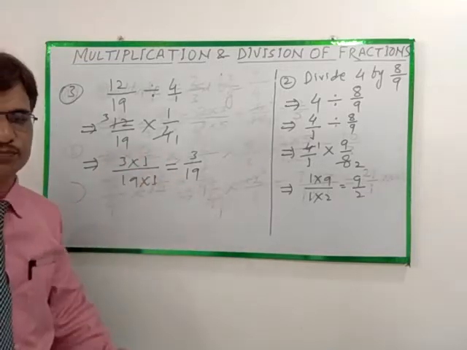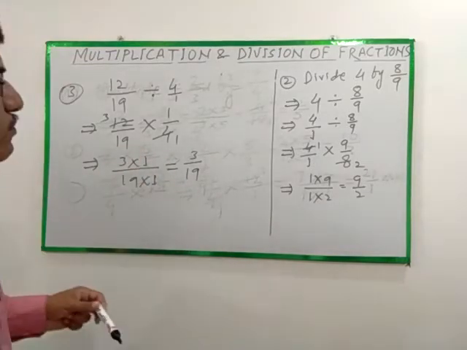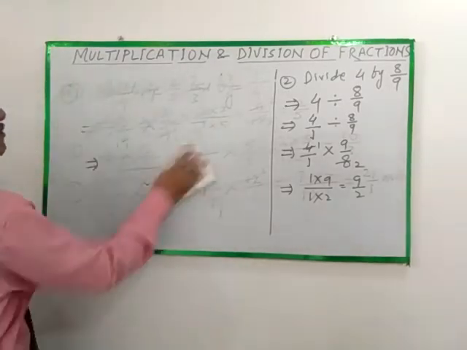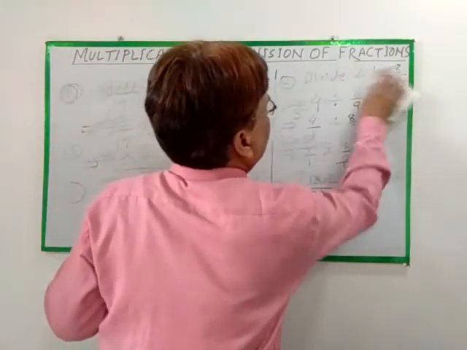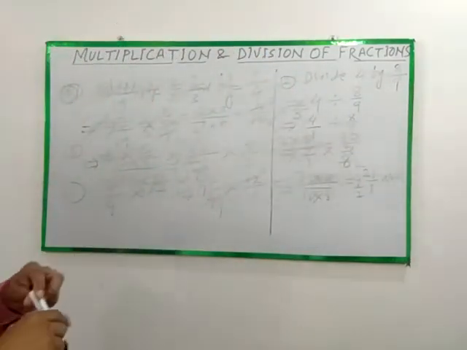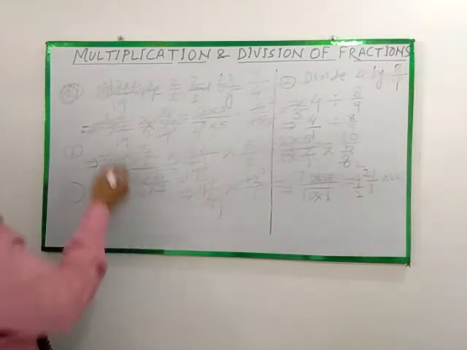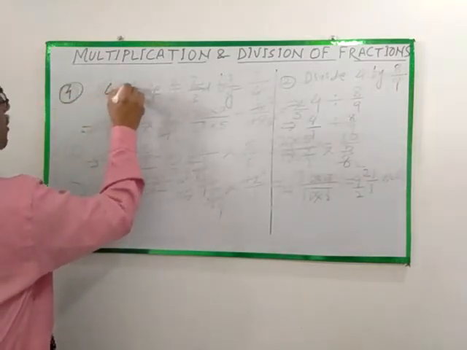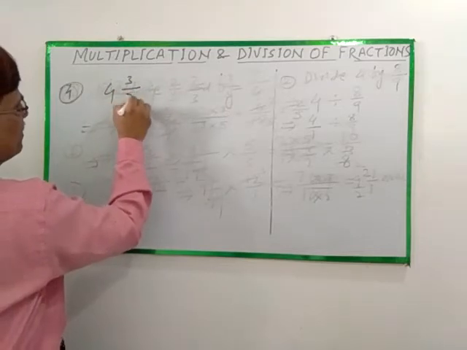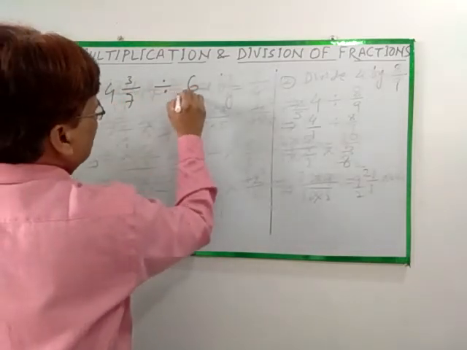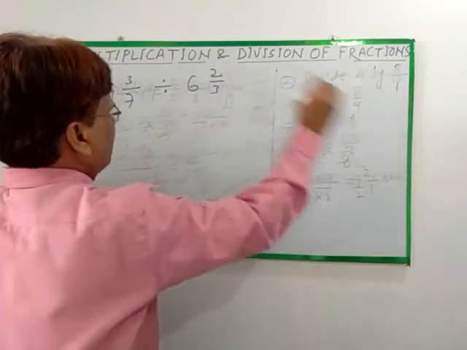Okay, now we take some examples of mixed fractions. 4 and 3 upon 7 divided by 6 and 2 upon 3.